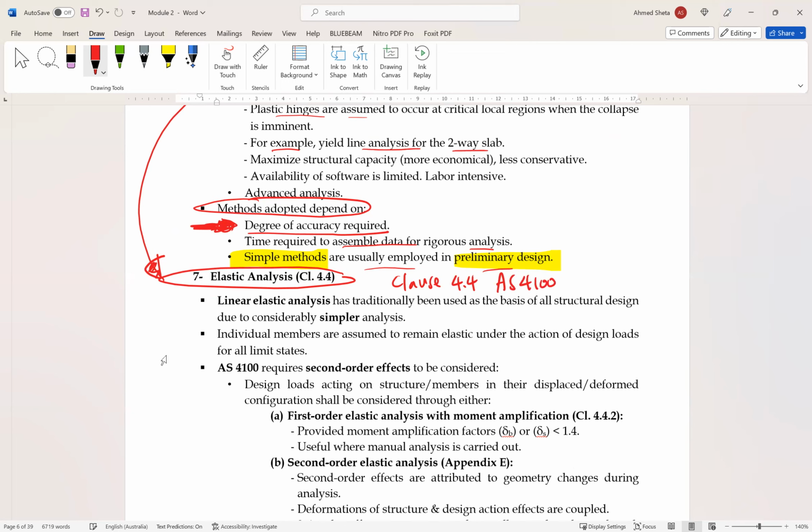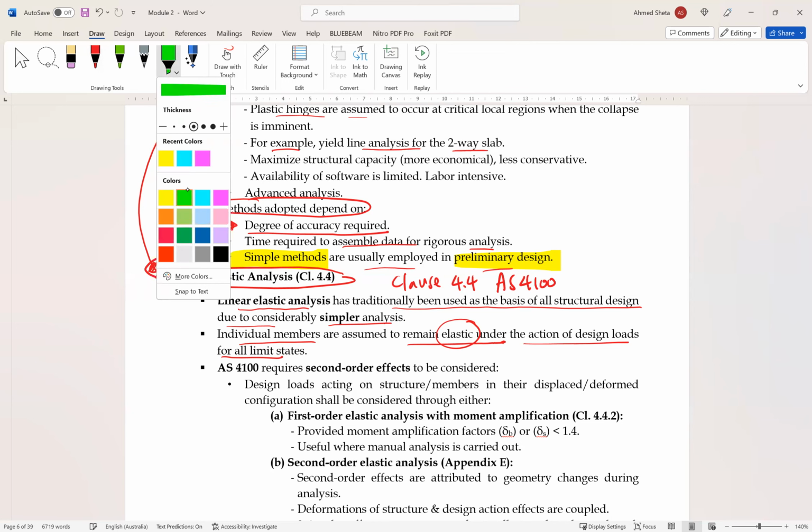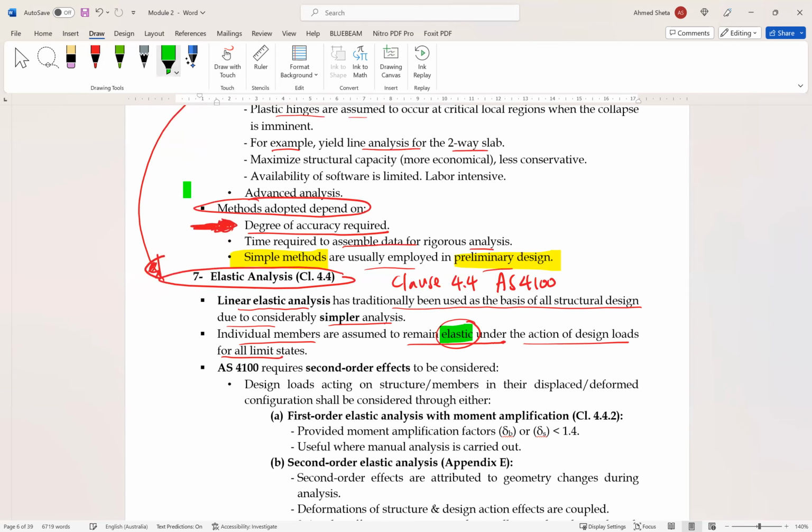In elastic analysis, there is linear elastic analysis, which has traditionally been used as the basis of structural design due to its considerably simpler analysis. In this method, individual members are assumed to remain elastic under the action of design loads for all limit states. So the main thing here is that the members remain elastic after any type of loading.